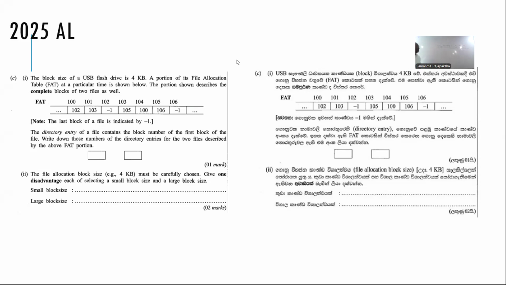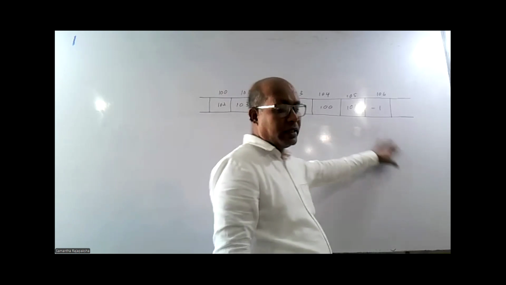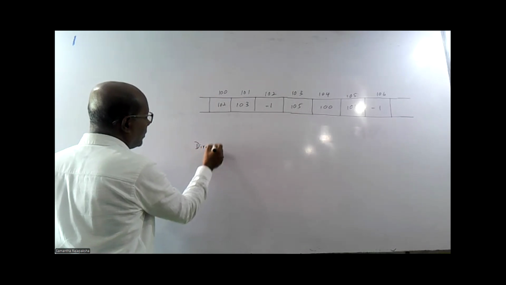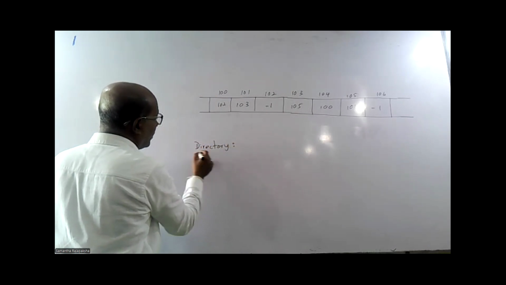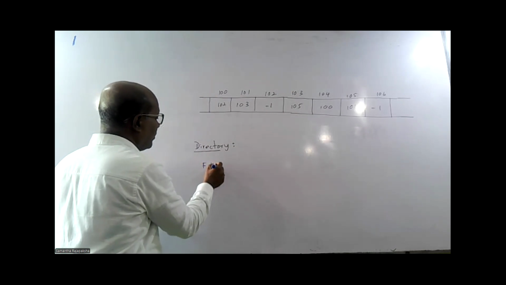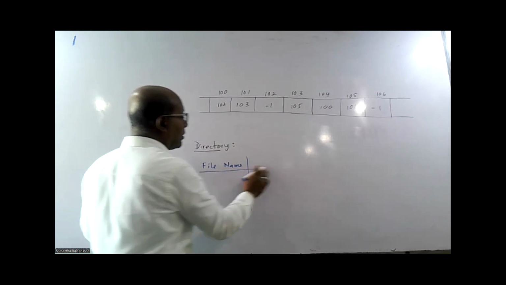Now we are asked to find the starting blocks. There are two files actually. Now, we know that in the directory we have the file name and its starting block.